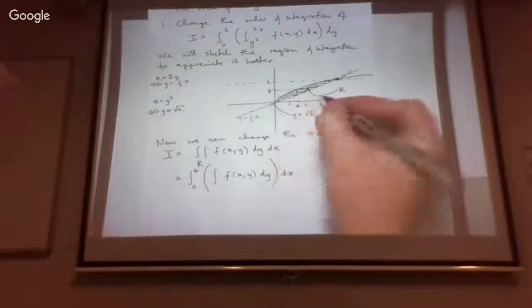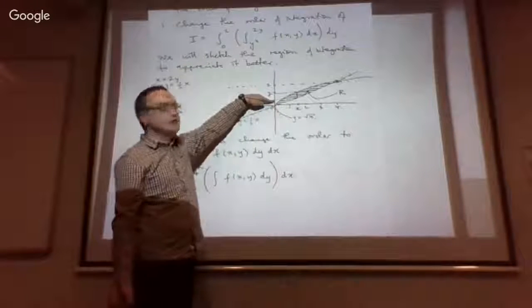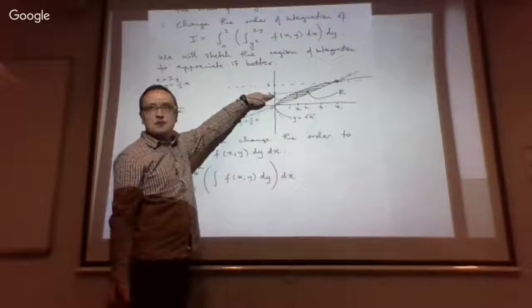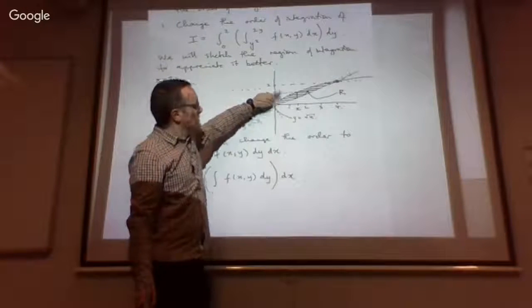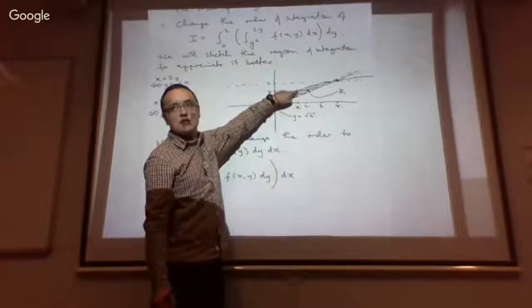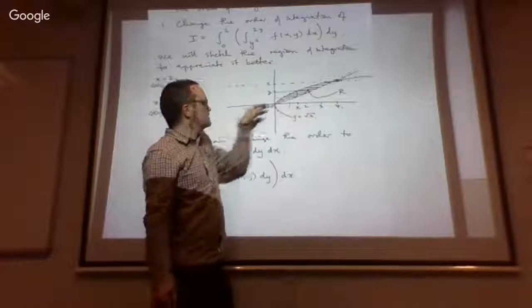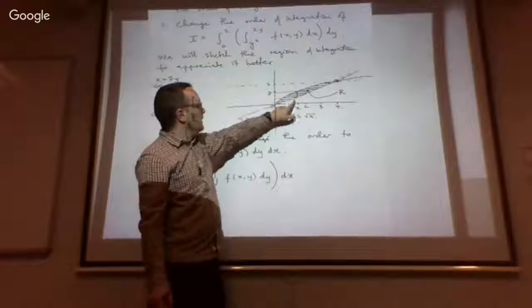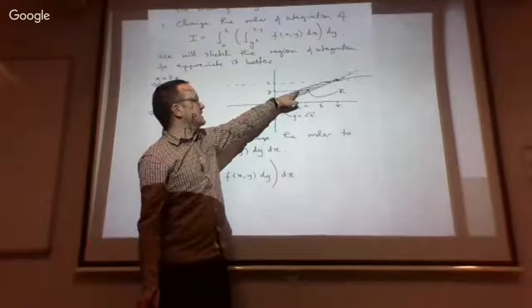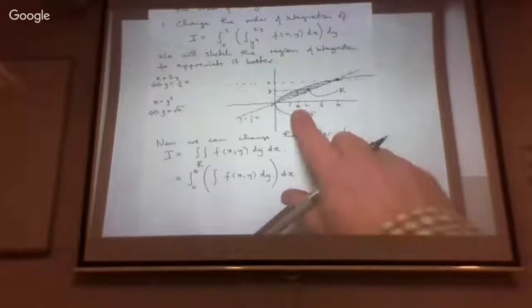For this x value, I want to integrate with respect to y, starting at this y value and integrating up as far as this one. These values are the y coordinates of the points on these two curves located at the value x. The green straight line provides the lower limit for y, and the red curve provides the upper limit for y at that value of x.